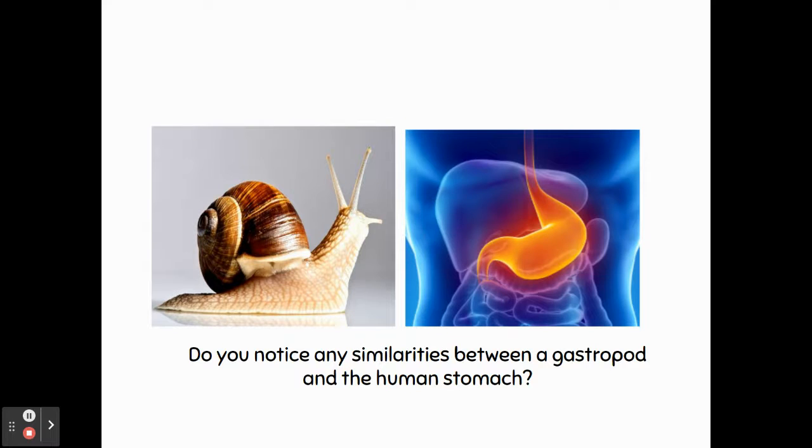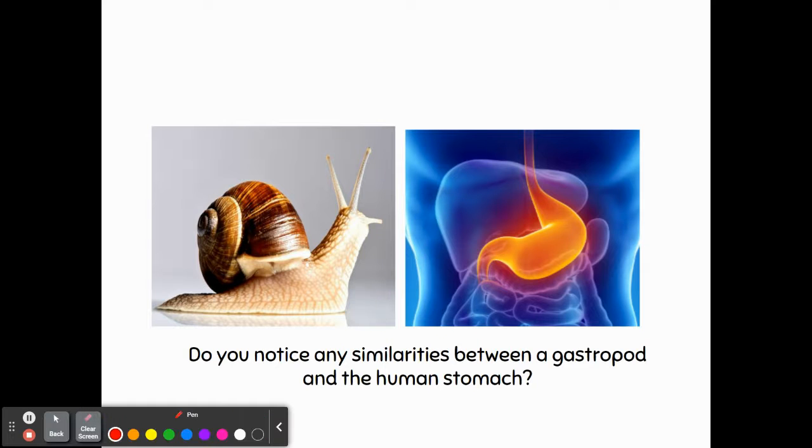Do you notice any similarities between a gastropod and a human stomach? This goes back to what I was just talking about. When you're looking at the snail or the slug, look at the formation of this stomach. That's our stomach. That would be like if we could take an X-ray of the inside of our body, and then take a look at what the snail looks like. They're gastropods because they're made of that whole muscle that makes them move. The stomach is a muscle.